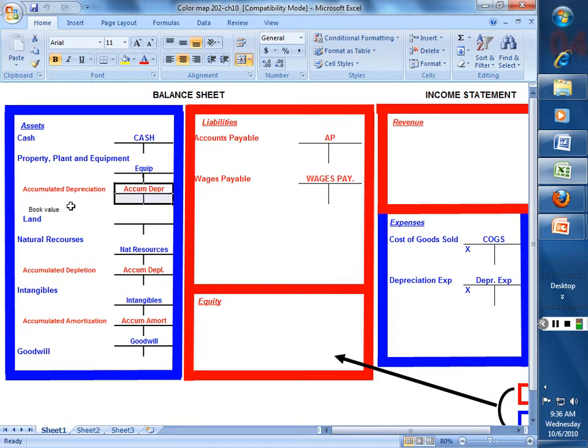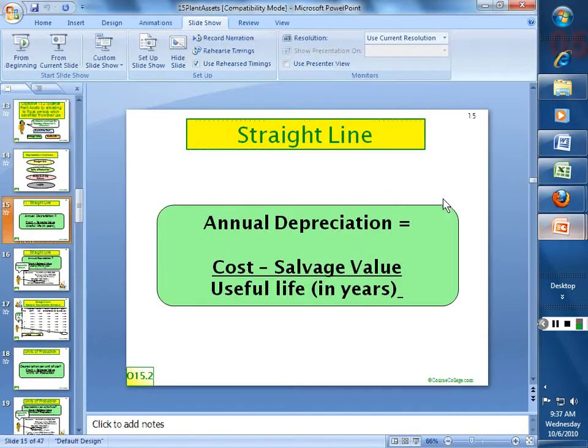From those two numbers, we wind up with the book value, the weight of that asset on the balance sheet. Now remember, book value is a different thing than salvage value. It's not the same. However, at the end of a depreciation schedule, we very much expect book value to equal salvage value. That's the goal, to get it down to the salvage value. So keep those terms in mind and avoid confusion there.